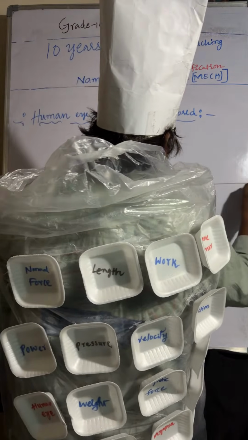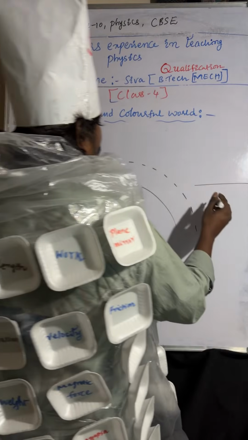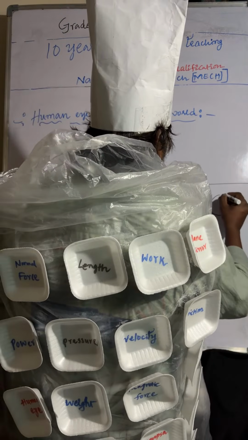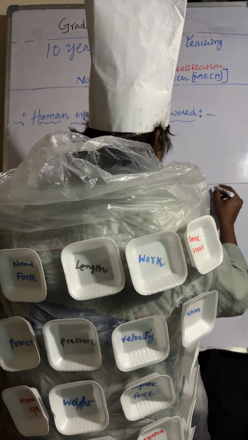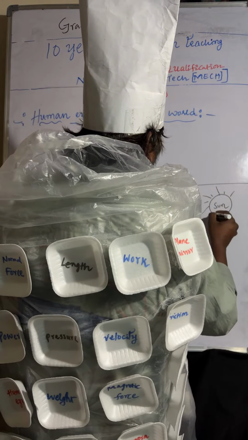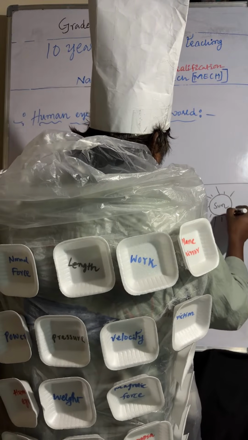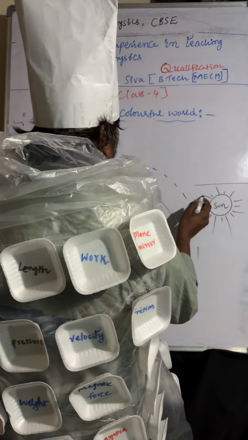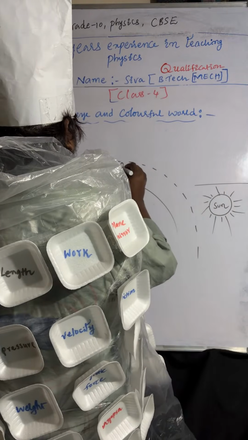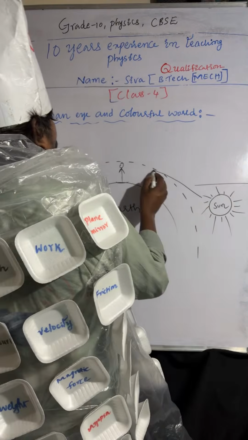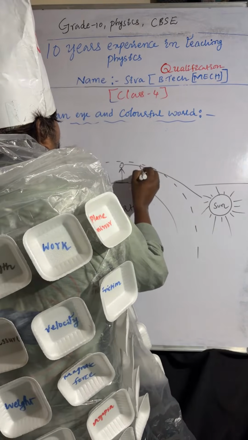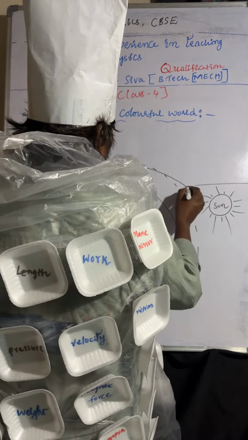Okay, here this is the origin. I am taking the sun here. A person is standing here. When the light ray enters the Earth's atmosphere, refraction of light takes place.